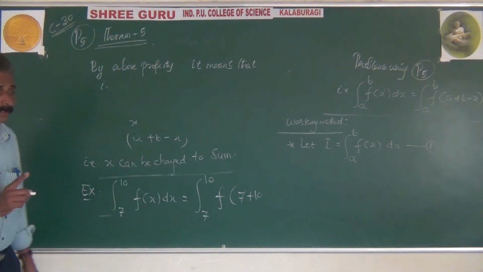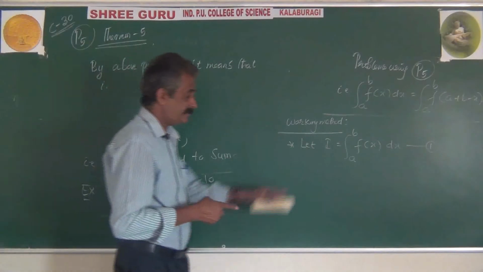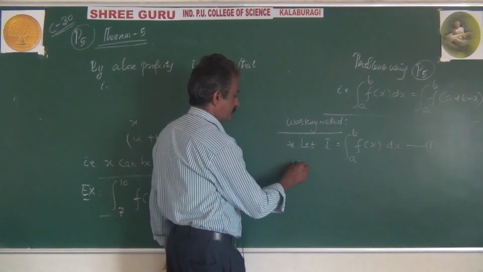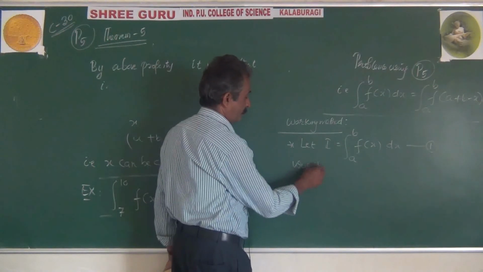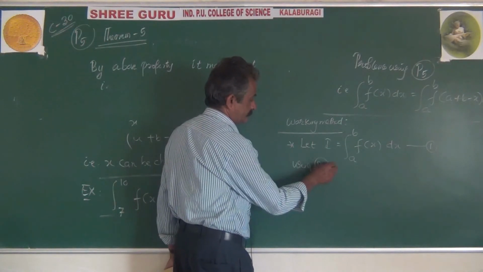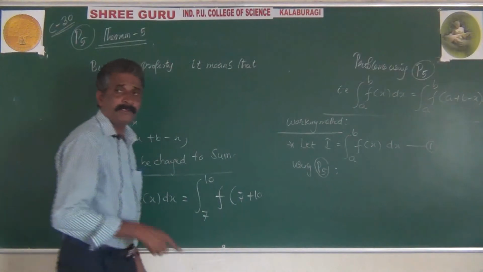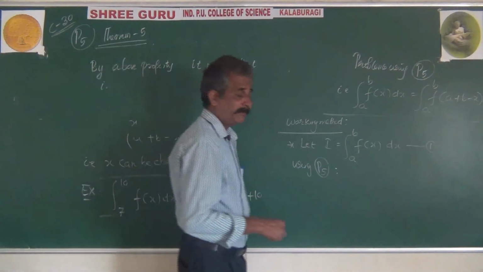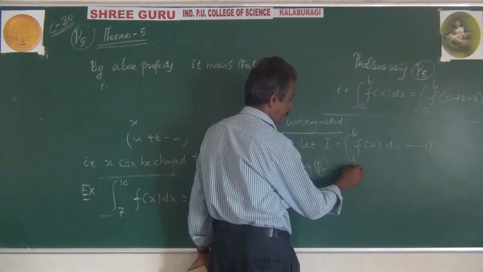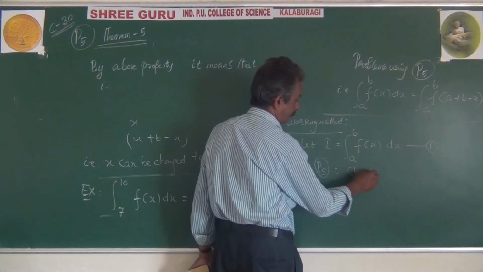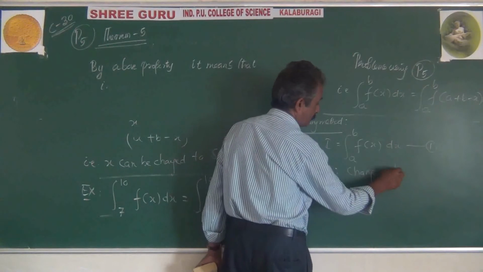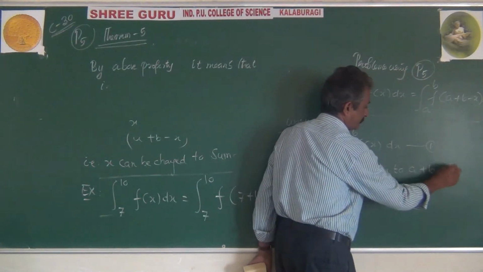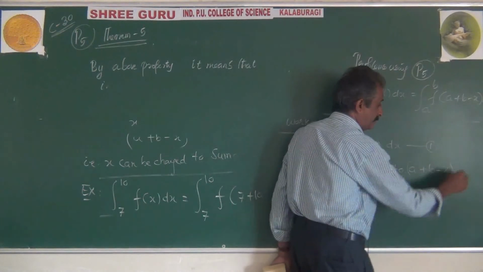Now use property number 5, that is, change x to a plus b minus x. Using P5 means changing x to a plus b minus x in f of x.